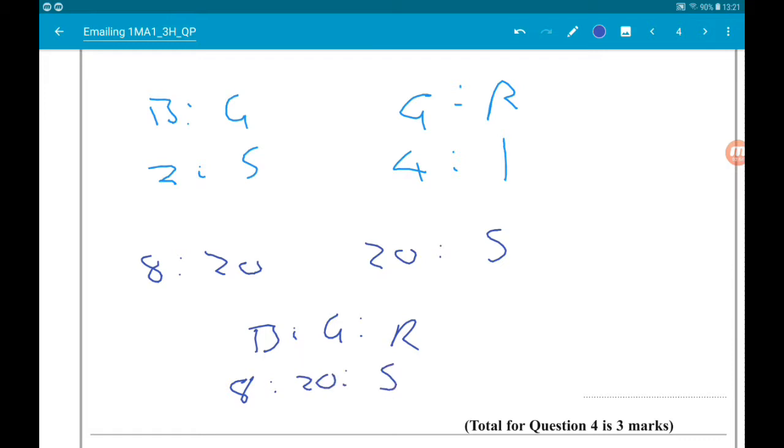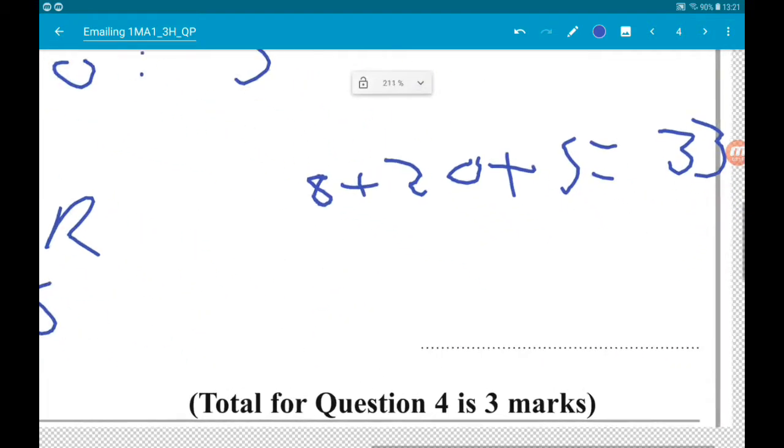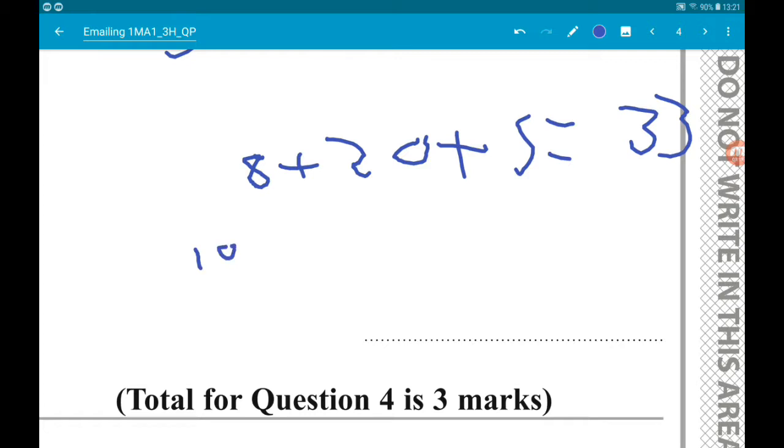Now, if we add those together, 8 add 20 add 5 is 33. Now, if we then do 100 divided by 33, we would get 3.3 recurring. So that means there can be 3 whole lots of this ratio of pens in the box.